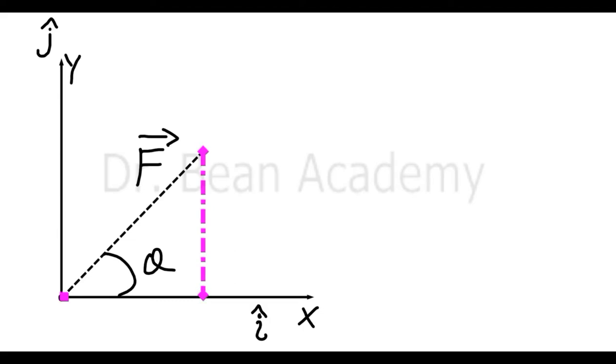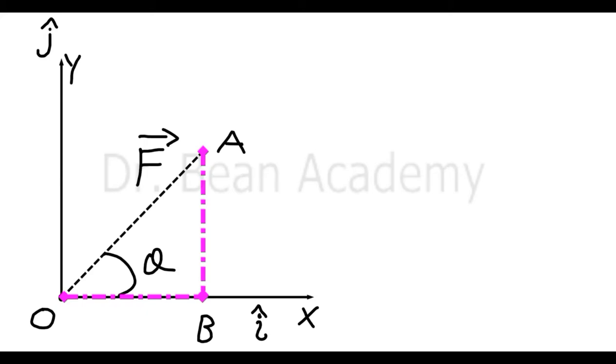Similarly, I can draw another line from origin to the point of intersection of the perpendicular. Now I can label origin as O. Let's call this point A, and this point can be called B.